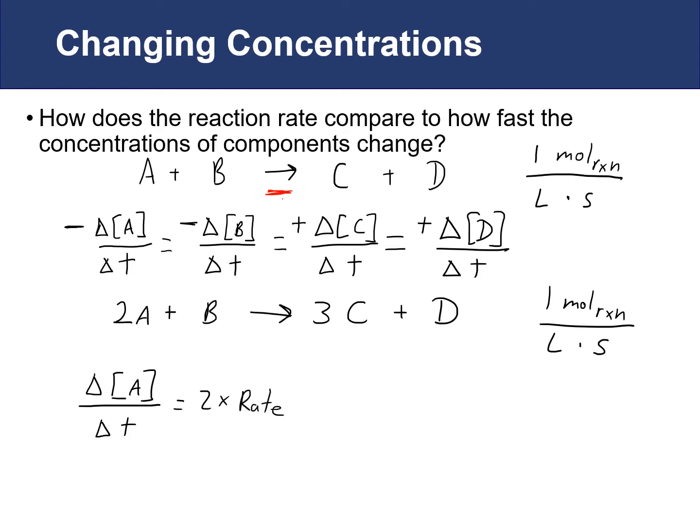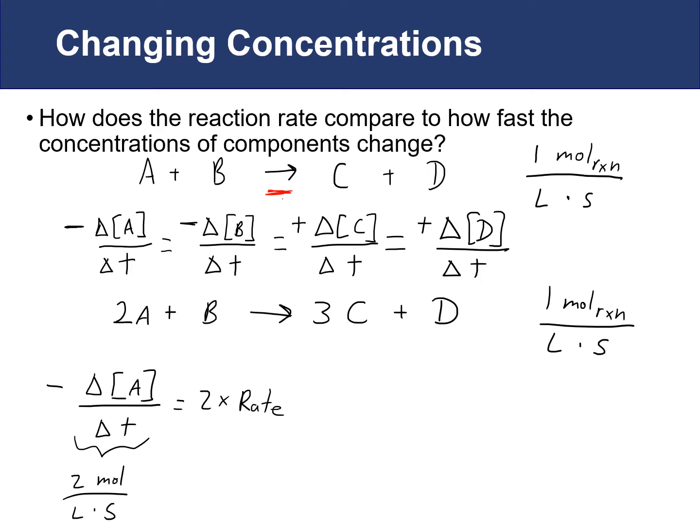And it's going away, and so it would be the negative of 2 times our reaction rate. Our reaction rate is 1 mole per liter per second. A is going to be going away at twice that, and so our value here would be 2 mole per liter per second. That's how fast A would be going away if the reaction is occurring at 1 mole per liter per second.